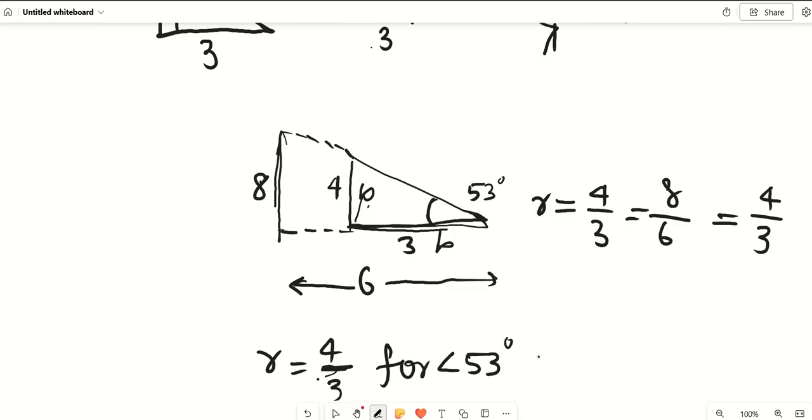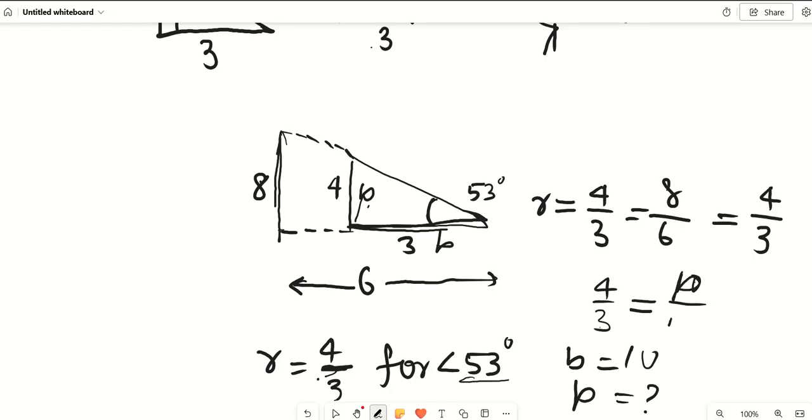If someone comes and asks, if I had created a new triangle with the angle 53 degree, and the base is, suppose, 10, what will be the perpendicular? As we know that for 53 degree the ratio is 4 by 3, and this ratio is also written as P by B. So we don't know P, we write P by 10.